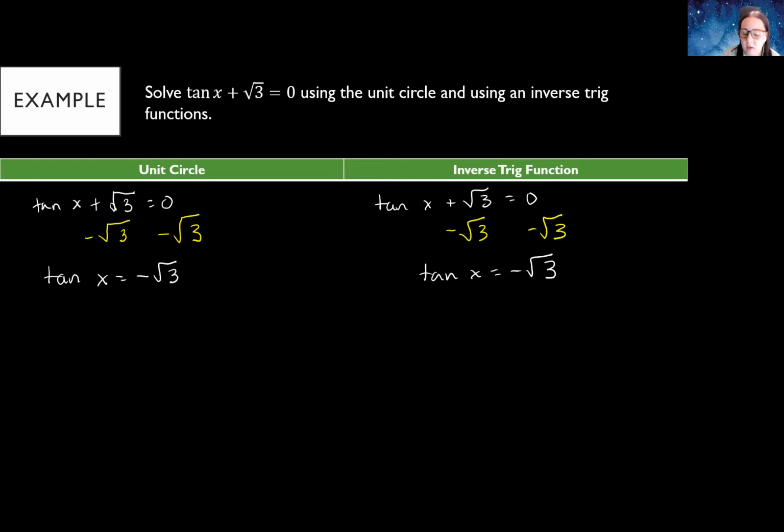So that's the same spot for each of these. The way this works when you're solving with the unit circle is you think, okay, tangent is sine over cosine. And we have this equal to negative square root of 3. And you can make that a fraction. And so you're saying, okay, where is my sine equal to negative square root of 3? Where is my cosine equal to 1?